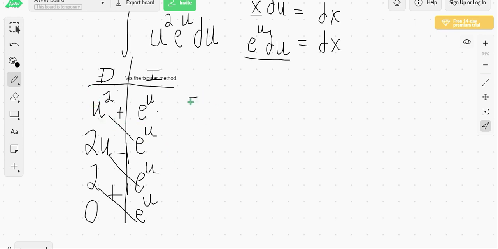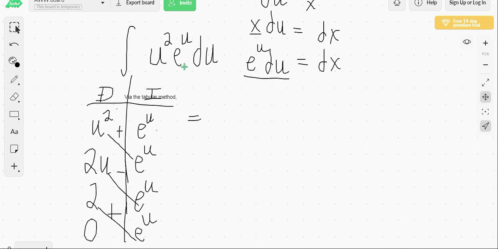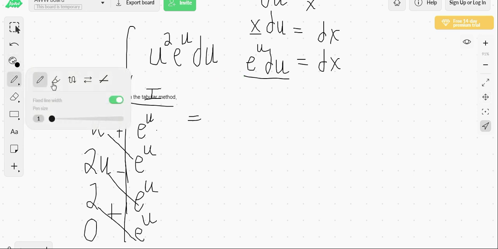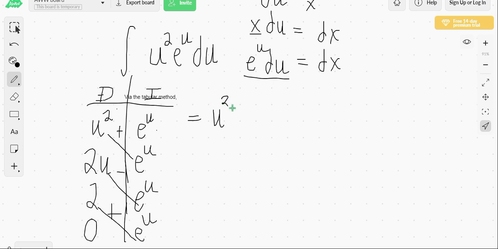So this integral above, u squared e to the u du, just becomes u squared e to the u minus 2u e to the u plus 2 e to the u.